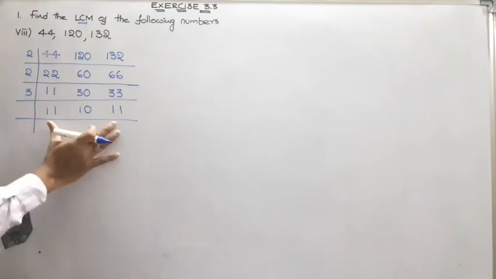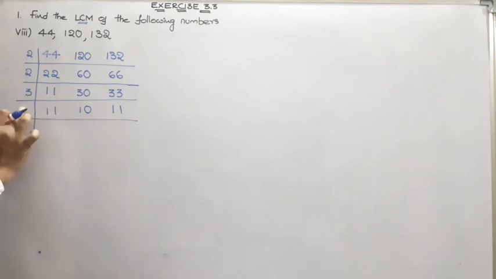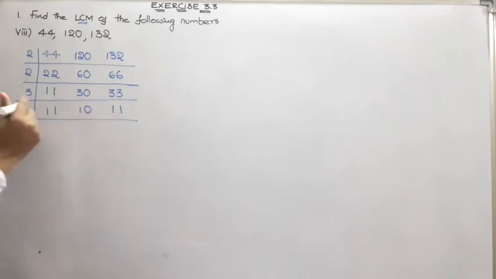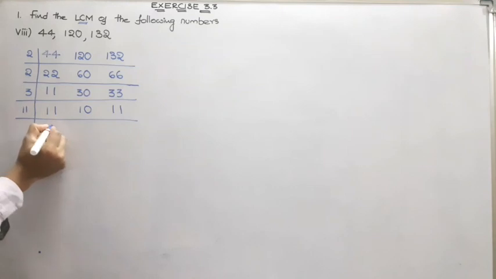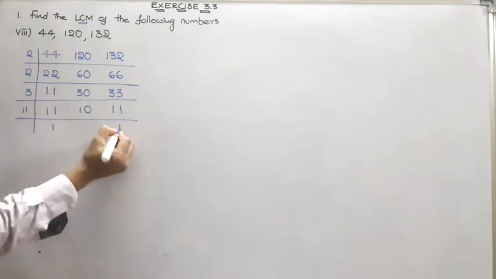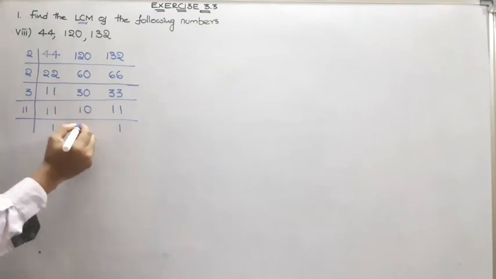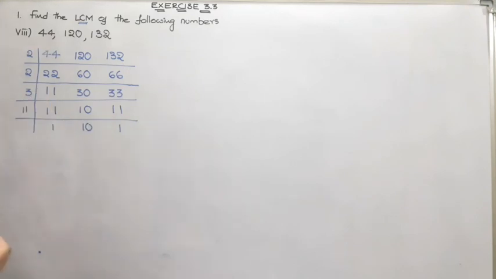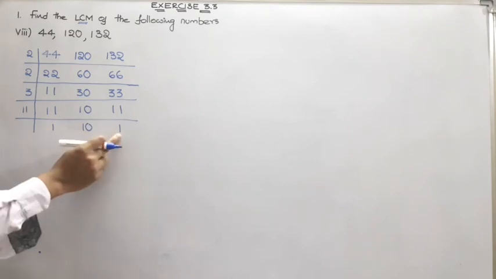Here also we have an advantage of using 11 table, because we can cancel this 11 and this 11 in 11 table. So 11 ones are 11, 11 ones are 11. Drop the number which is not divisible as it is. Now look, we have 1, 10 and 1.